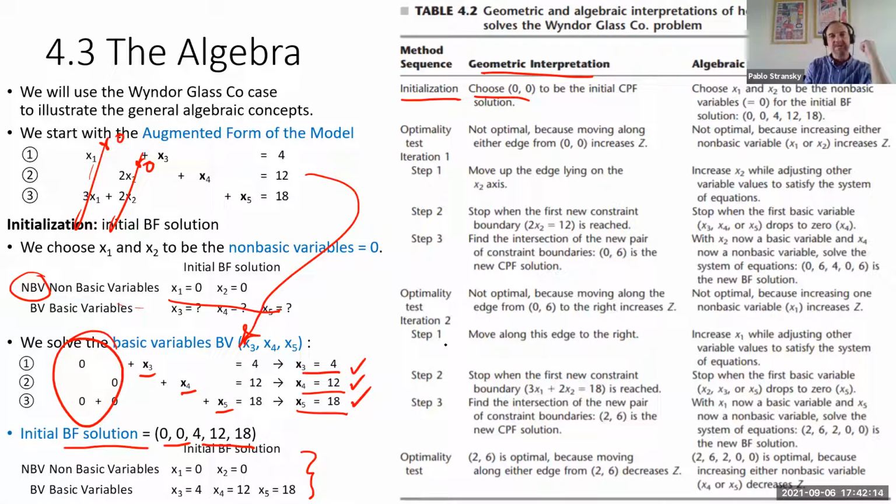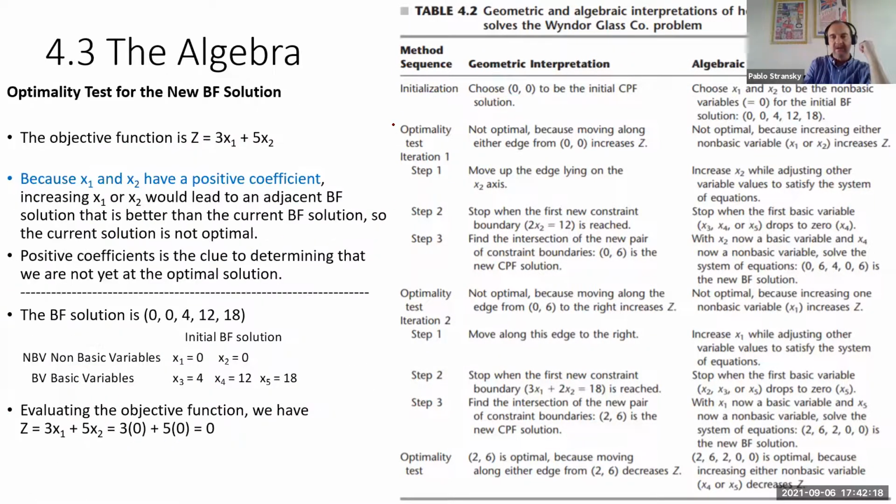Now let's move to our optimality test, okay? In the optimality test, because it was not optimal, we decided to move along the edge, remember? And here we considered the values that we have for the coefficients. Now, pay attention to this because we're gonna repeat it 3 times.